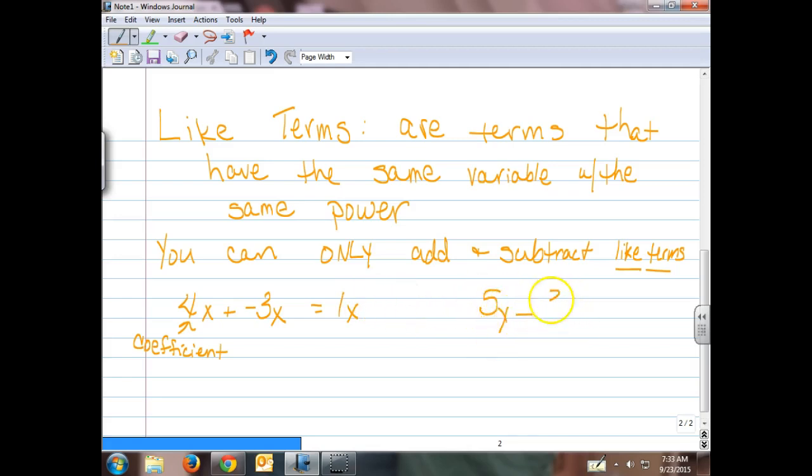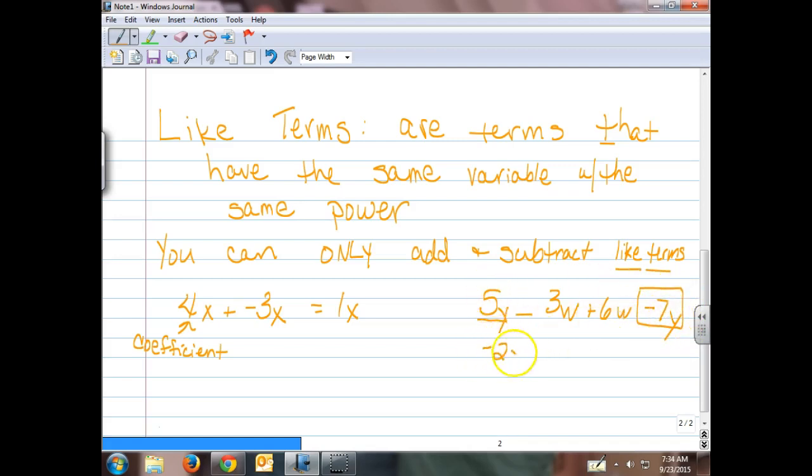5y minus 3w plus 6w minus 7y. We can combine like terms. Well, it looks like we have a 5y, and make sure you grab the sign in front of it, a negative 7y, or 5 minus 7y.